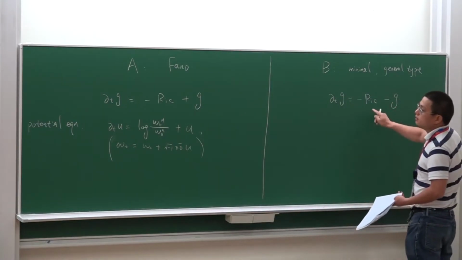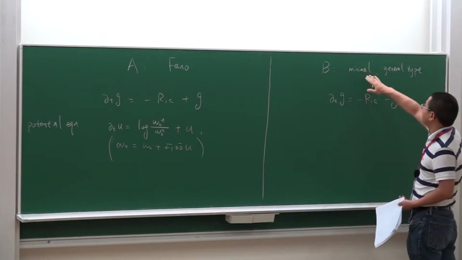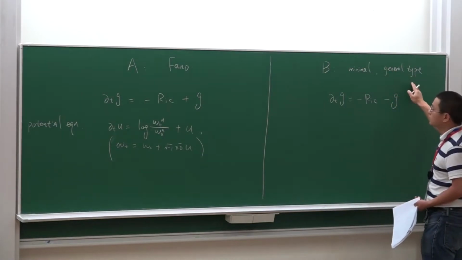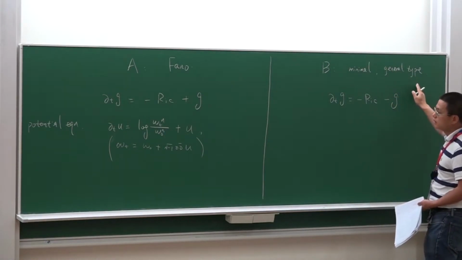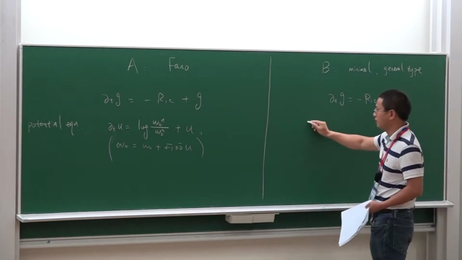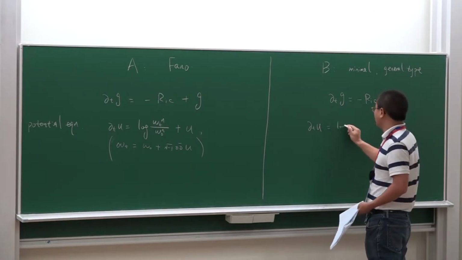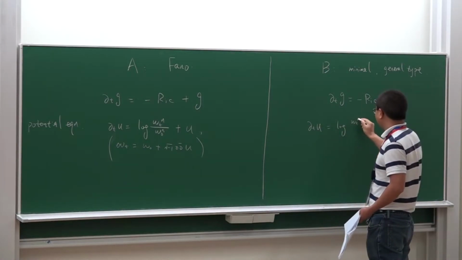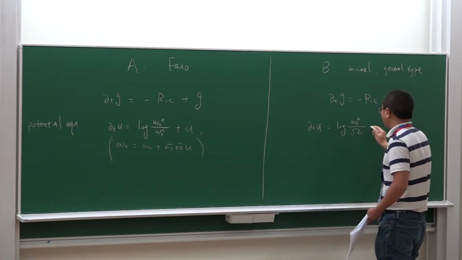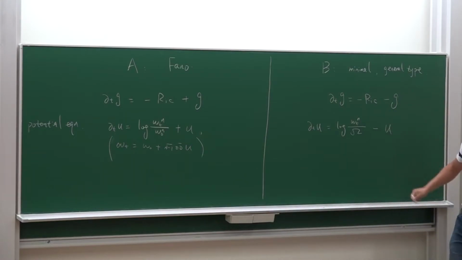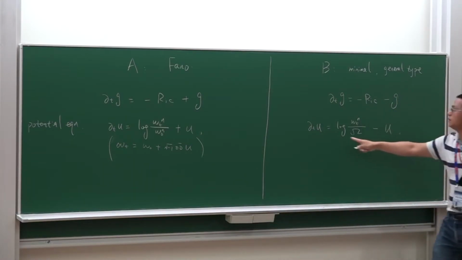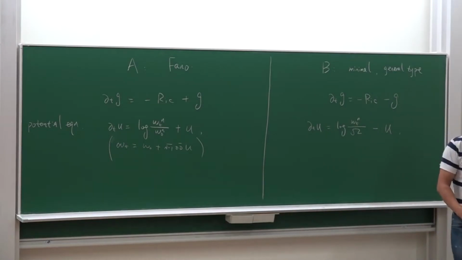And similarly, for the potential level of the general type Ricci flow, you have ddt of u equals log omega t to the power n over capital omega minus u. So this is a minus sign. So what does this u mean?